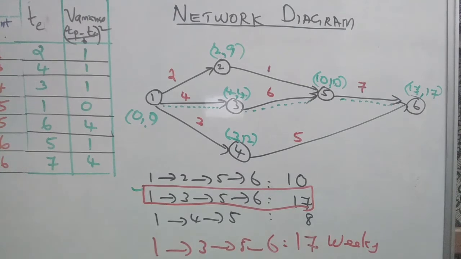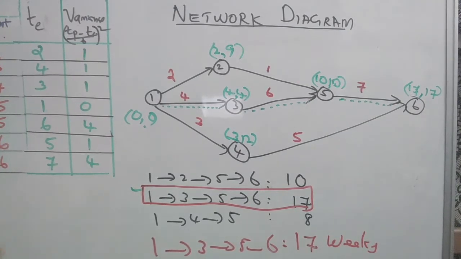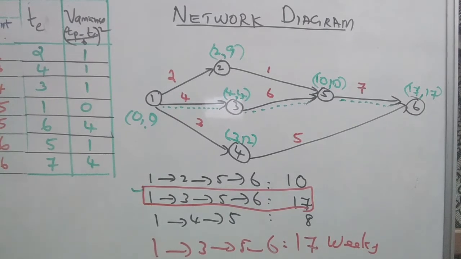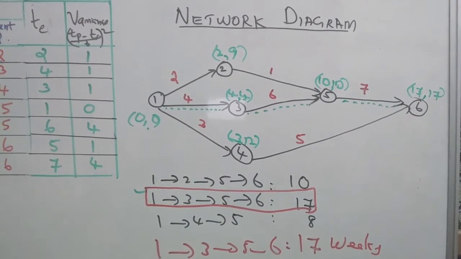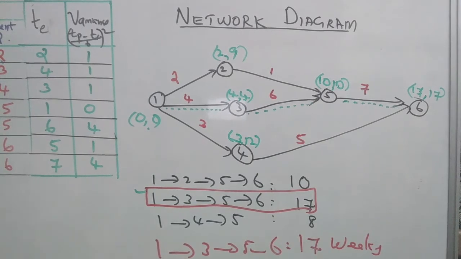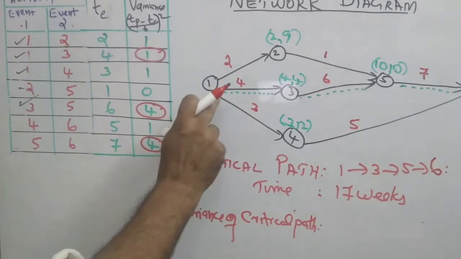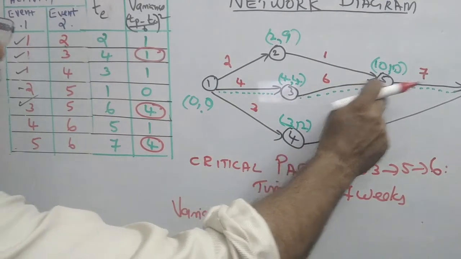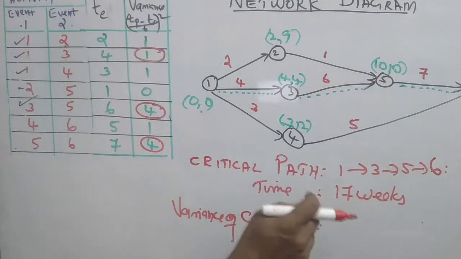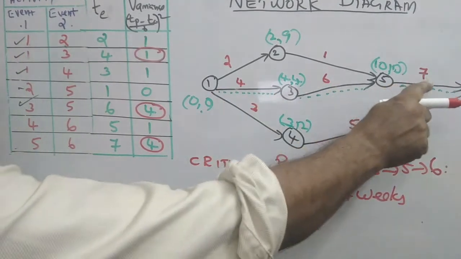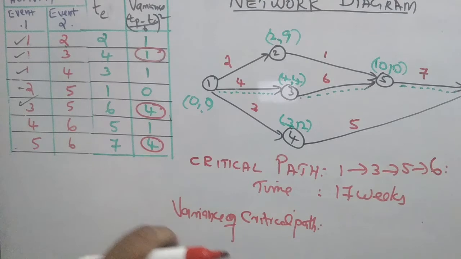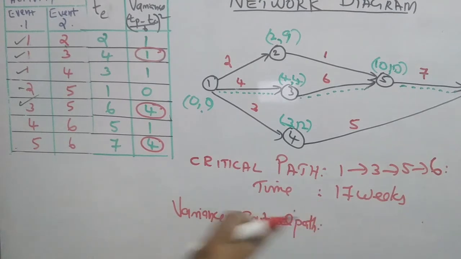So we determined the critical path by 2 methods. For examination purposes, only one method is necessary. I illustrated both procedures. Therefore, the critical path is 1 to 3, 3 to 5, 5 to 6, and the duration is 4 plus 6 plus 7, 17. Since the unit is weeks, it is 17 weeks.